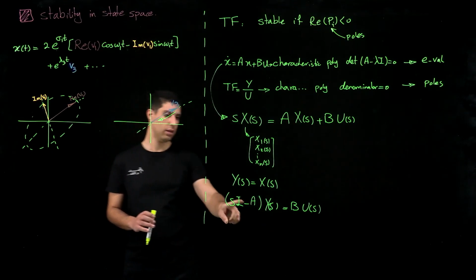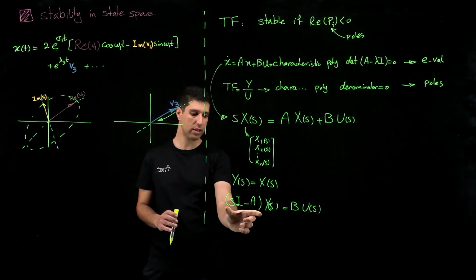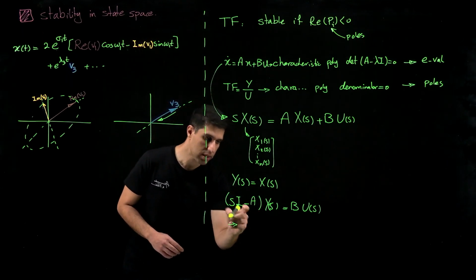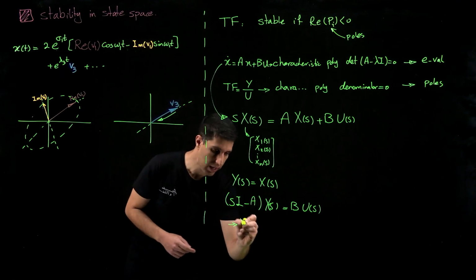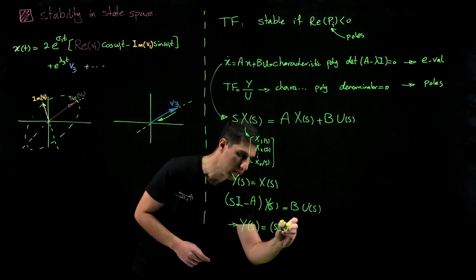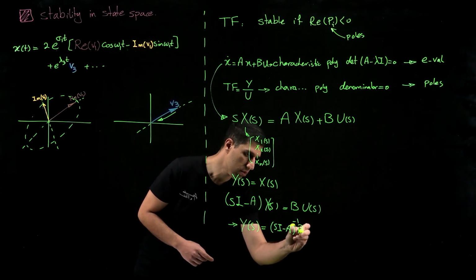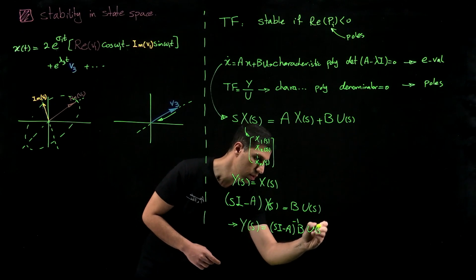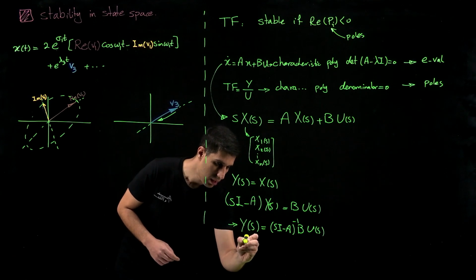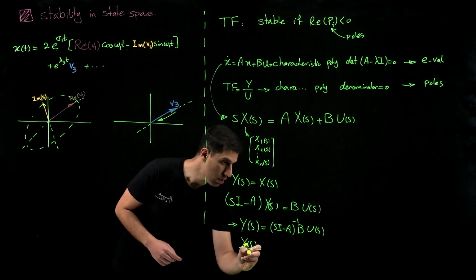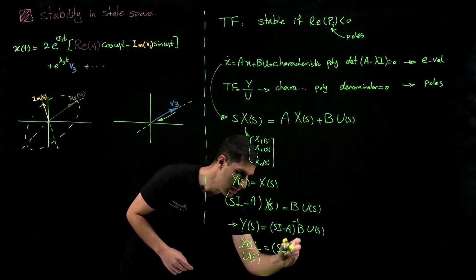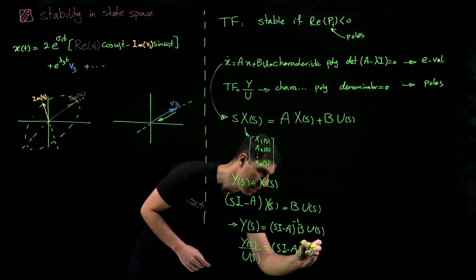Assuming that this is invertible, I can take the inverse and multiply both sides by the inverse of this matrix. So y of s remains on this side, and sI minus A inverse B u of s. And my transfer matrix, y of s over u of s, equals sI minus A inverse B.